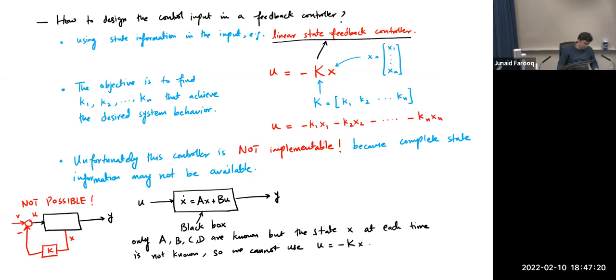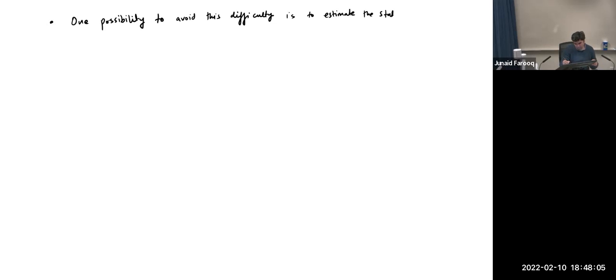So one possible way to avert this difficulty is to estimate the state from the output. Let me draw the other figure.